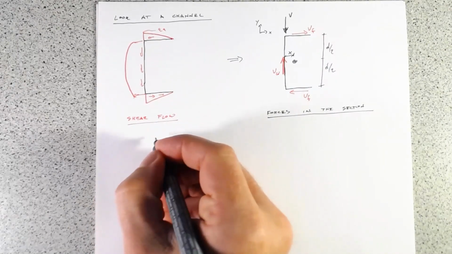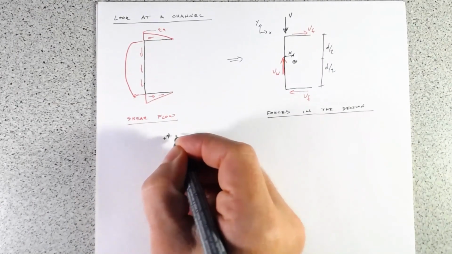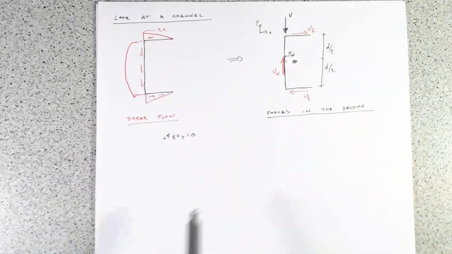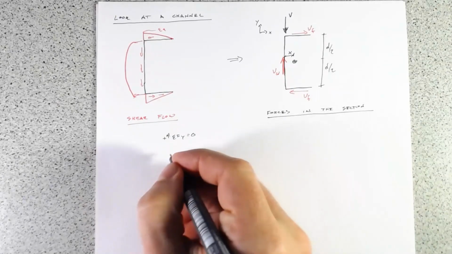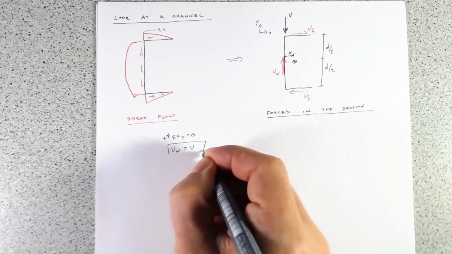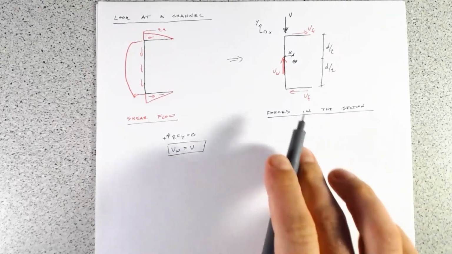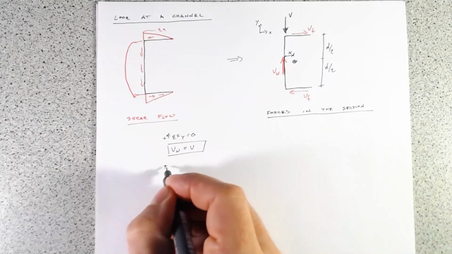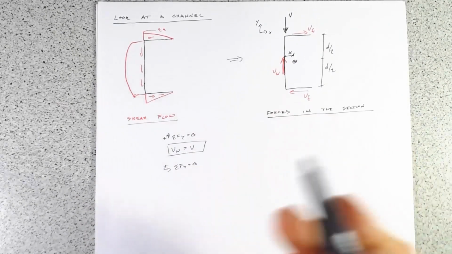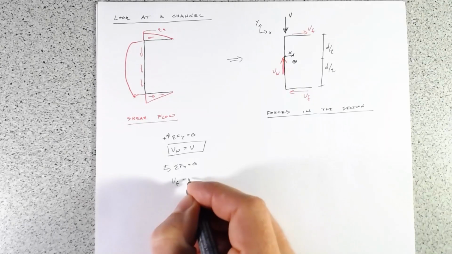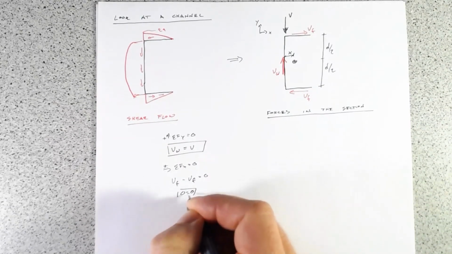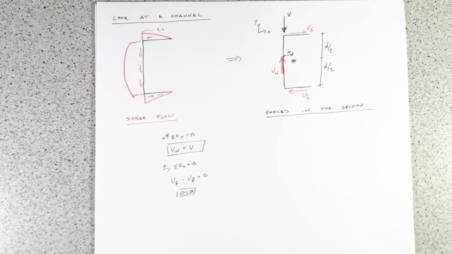Sum of the forces in the y equals 0. Well, V equals V sub W. That's what we found previously. Nothing new there. Sum of the forces in the x equals 0. Well, you have V sub F minus V sub F equals 0. Again, nothing terribly exciting with that.